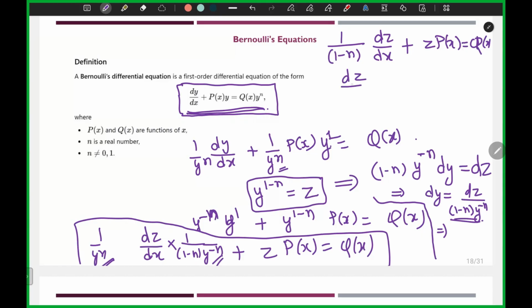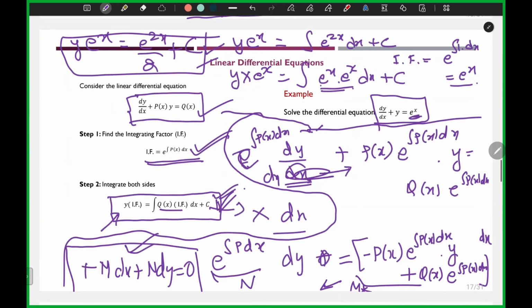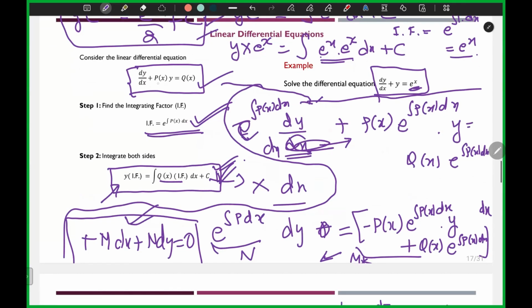Yes, this is dz by dx plus (1 minus n) p(x) z equals q(x). So this is the same linear differential equation that we have discussed in the last slide. Here this was a function of x into y, so here it is changed to z.